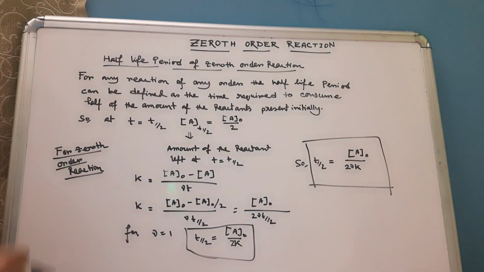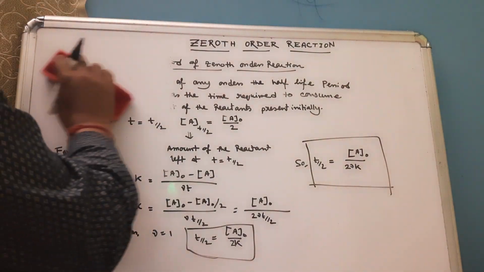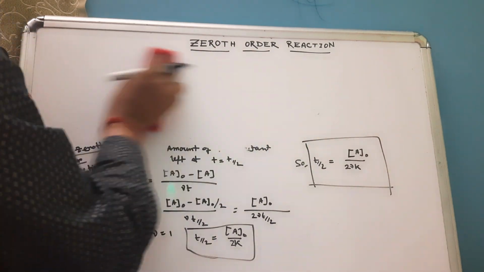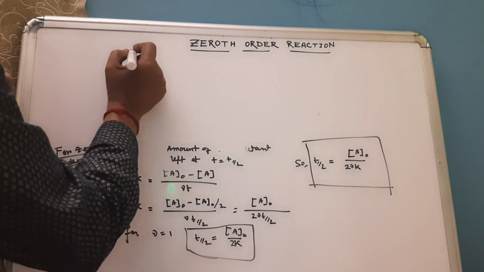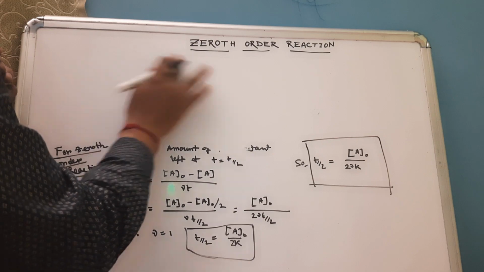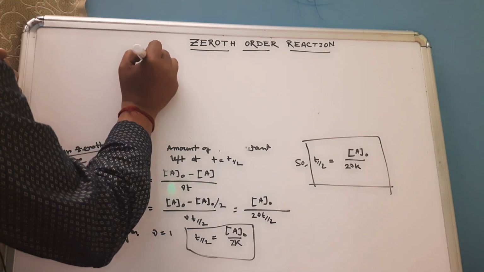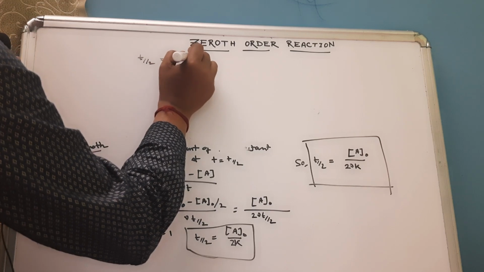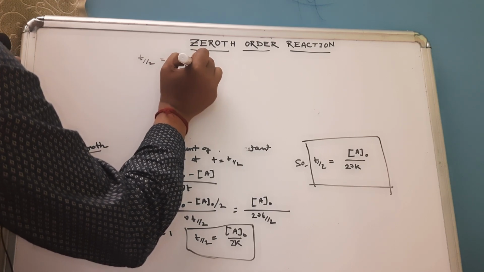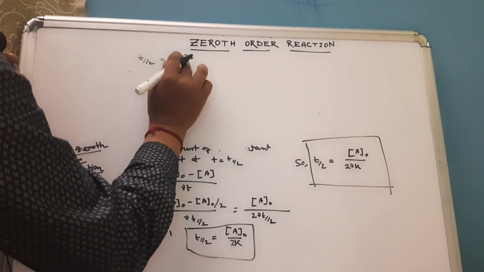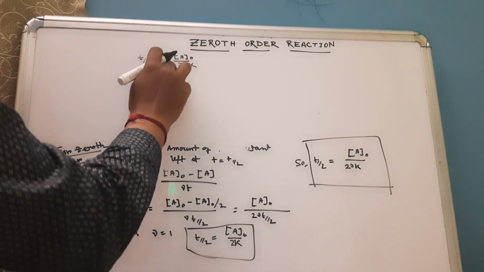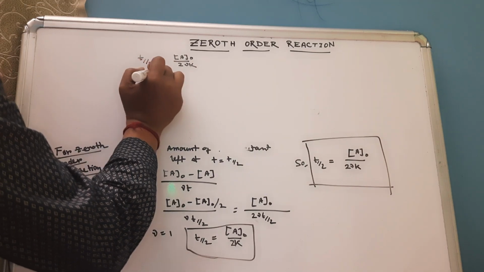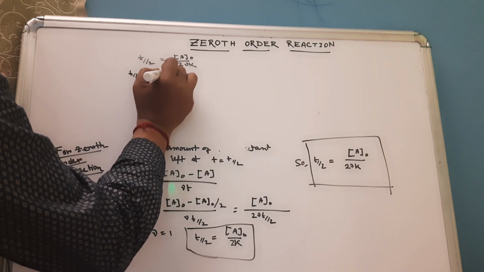So I can write here, for zeroth order reaction, t half equals a0 by 2 nu k. All these things are constant, so t half varies as a0.